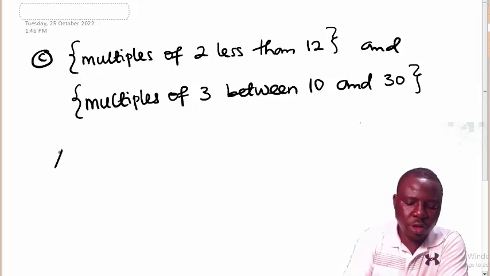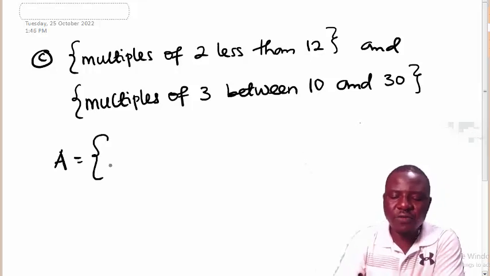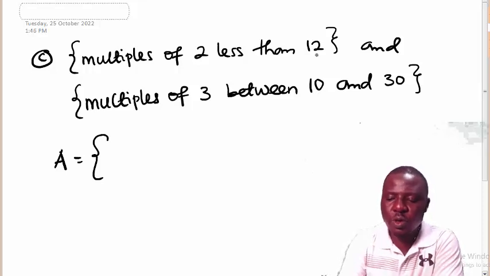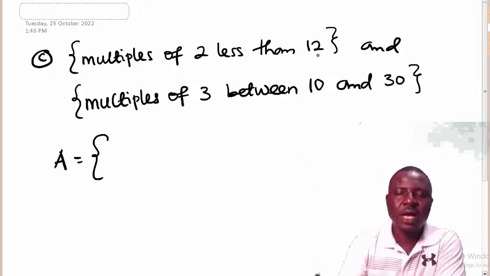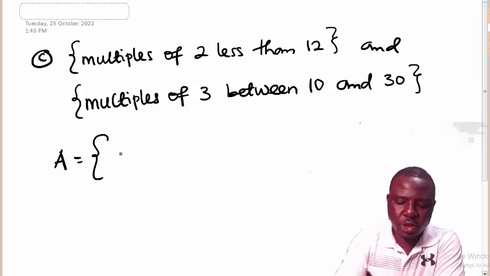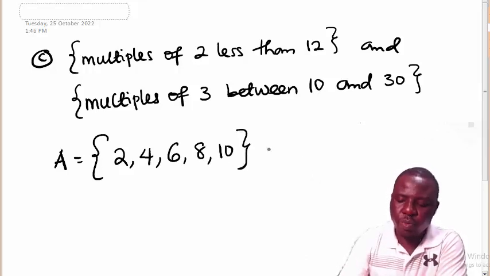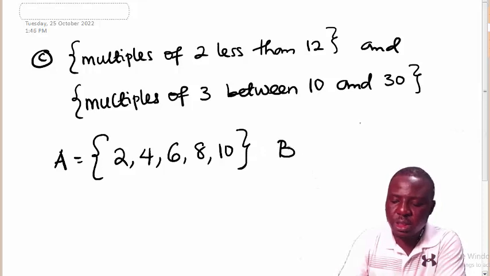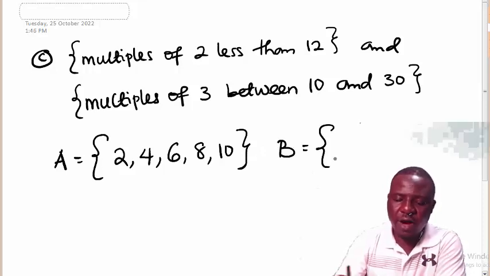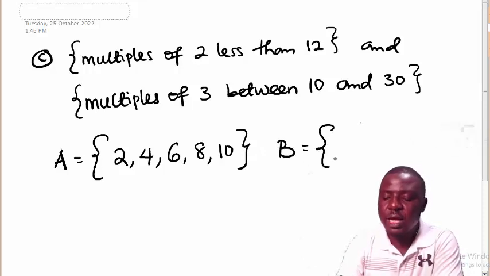So all you need to do is to first of all write out the elements in set A, and the multiples of 2 less than 12 include 2, 4, 6, 8, and 10. While set B is also defined as multiples of 3 between 10 and 30.